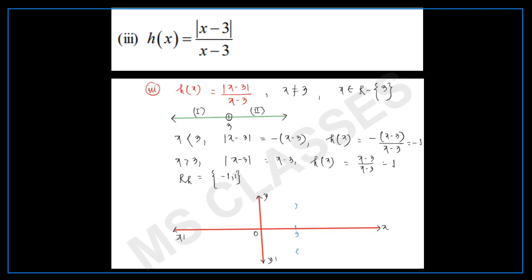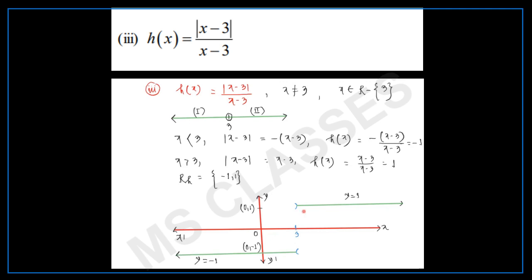So we have here y equal to 1, this is 0 comma 1, and the other part y equal to minus 1, which is 0 comma minus 1.